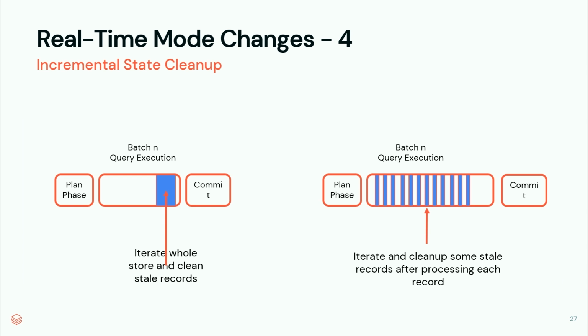In real-time mode, we do this incrementally, spreading the cleanup overhead across the whole 5 minutes. After processing every row, we scan the state store for several rows and see whether there's anything to delete, and if there is, we delete it. Then we process another row, and scan the state store for another several rows. By doing that, we spread out the state store cleanup job across the 5 minutes so that it doesn't impact individual rows' latency.